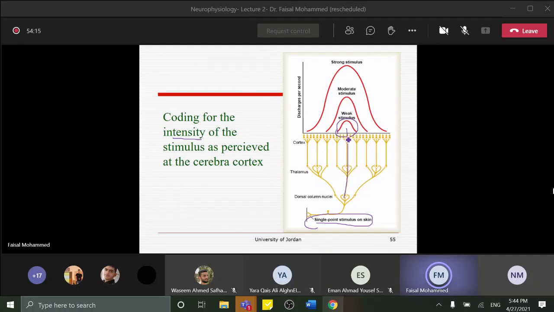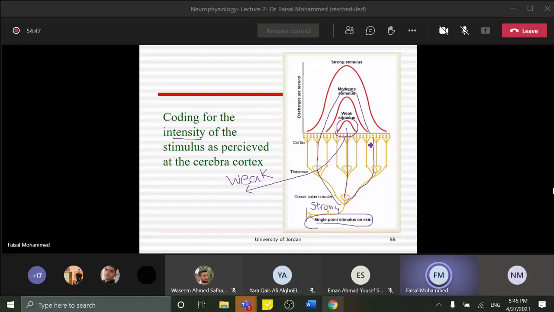If these fibers are stimulated, the person will describe it as a weak stimulus. Now if this stimulus is a bit stronger, it will be able to stimulate these areas here. These areas will stimulate just the middle one, and this area the middle one.